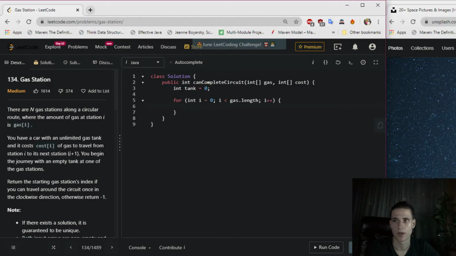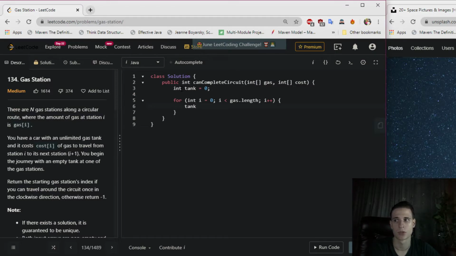At each iteration we calculate, I mean we got cost, right, and we got the amount of fuel, right?